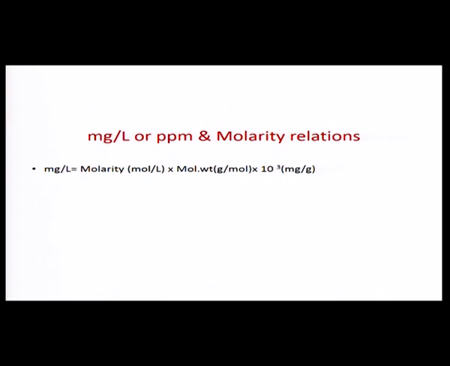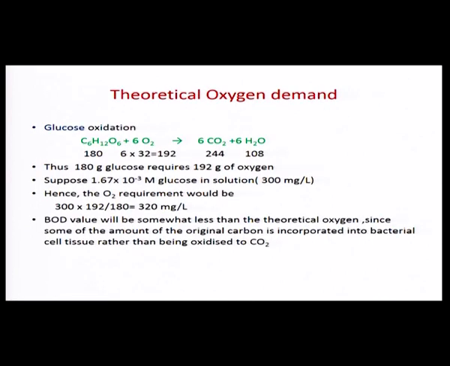If you know this relationship between ppm and molarity, we can do other calculations of environmental importance. Theoretical oxygen demand is very, very important in wastewater treatment, because it represents the organic matter, and we normally express it in terms of COD or BOD, that is chemical oxygen demand and biological oxygen demand. In this also stoichiometry plays a very important role.